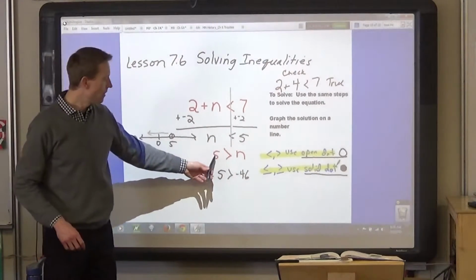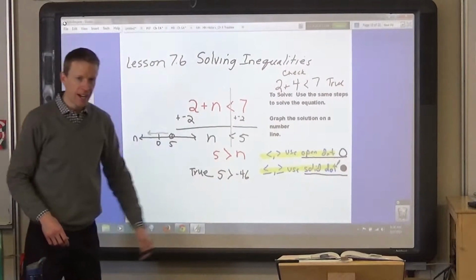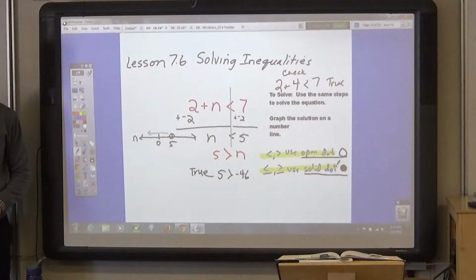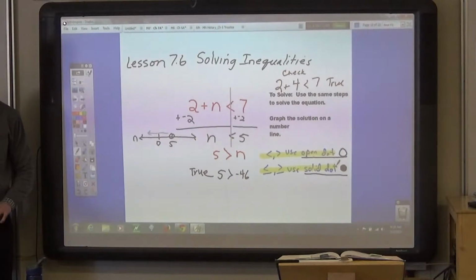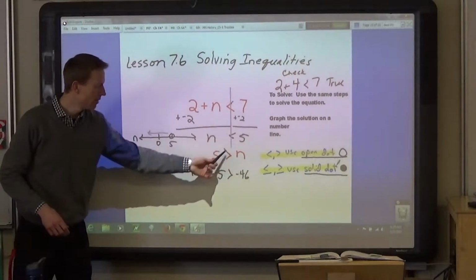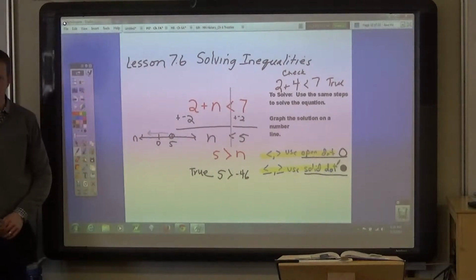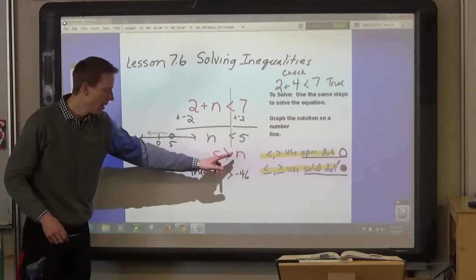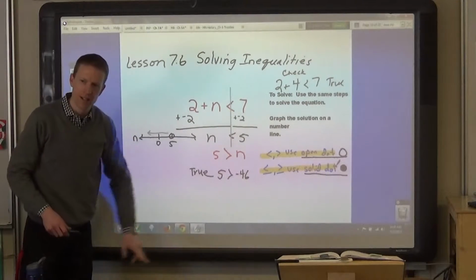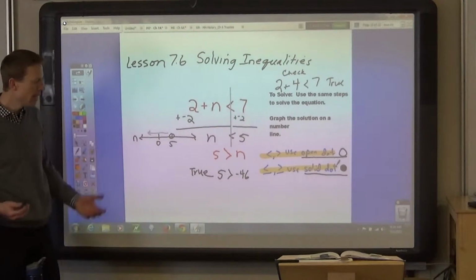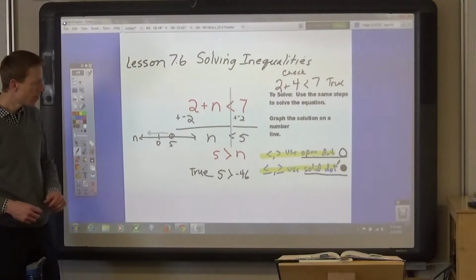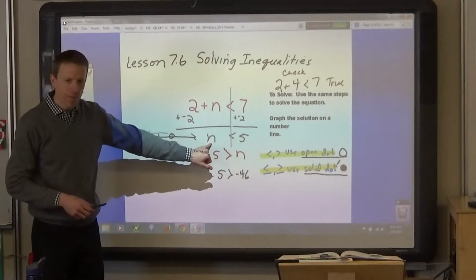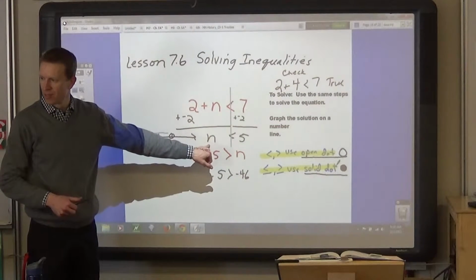Now, if it said 5 is greater than n, what does that mean? Instead of n is less than 5, it says 5 is greater than n. In other words, the number is on the left side, and the variable's on the right side. James? It means the same thing, doesn't it? But to graph it, it's easier to graph inequalities when the variable is written first.